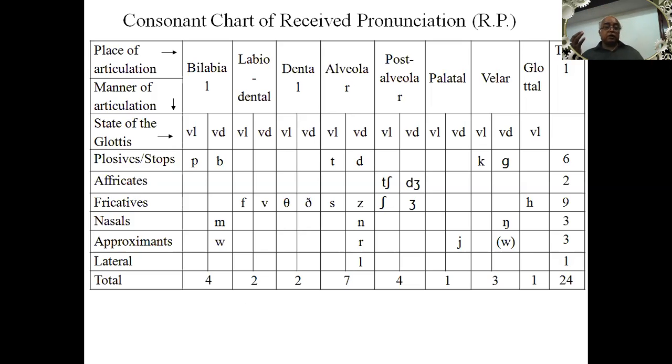We said earlier, in a fricative there's a stricture of close approximation. There is a narrowing between the active articulator and the passive articulator. There is a narrowing. In the plosive, what happened was there was a closure.